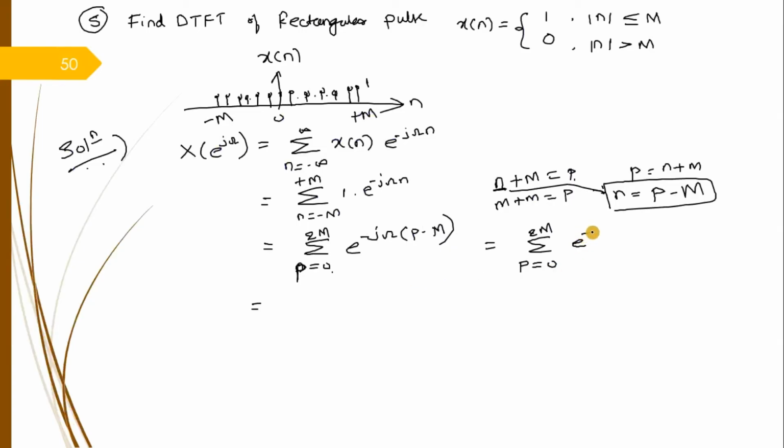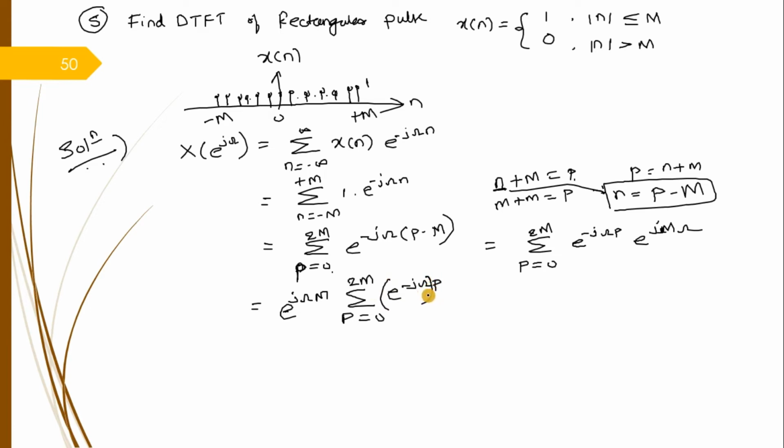E raised to minus j omega p, this minus and this minus, minus minus gives plus j omega m, right? This is independent of p, hence I take it outside. It's a constant. So what is left inside? Summation p is equal to 0 to 2m of e raised to minus j omega p, so I can write it as e raised to minus j omega, raised to p.